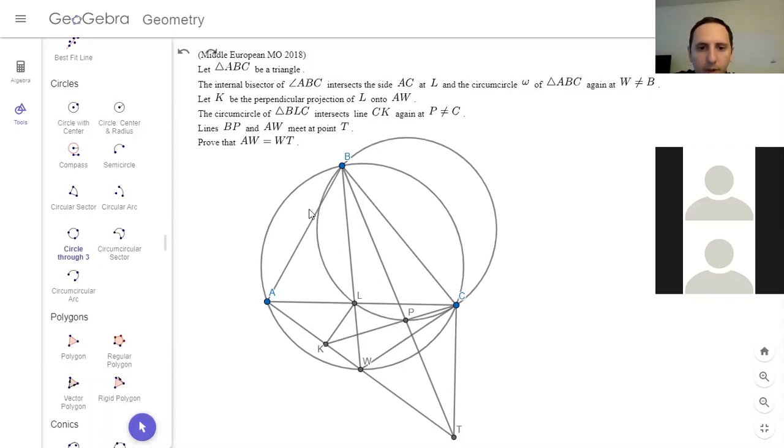We want to use that P lies on this circle somehow. We could try to show angle PKC is angle KTL. So KCL is PCL, is PBL, is TBW. So is triangle T, let's see.